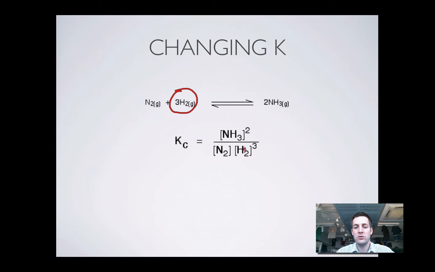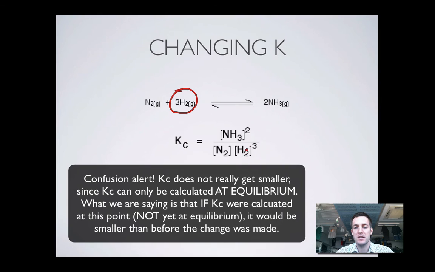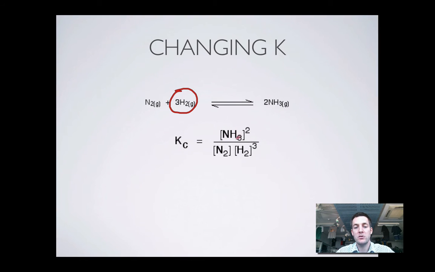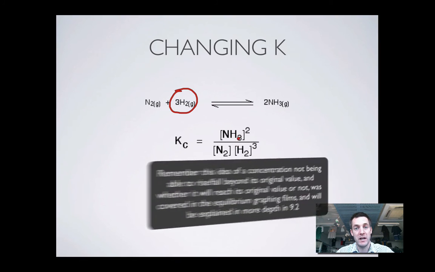So, although the initial change means that Kc will get smaller, because H2 got bigger, as the system responds and returns to a new equilibrium, the concentration of ammonia will increase, the concentration of nitrogen will fall, as will the concentration of hydrogen, but not beyond its original value.